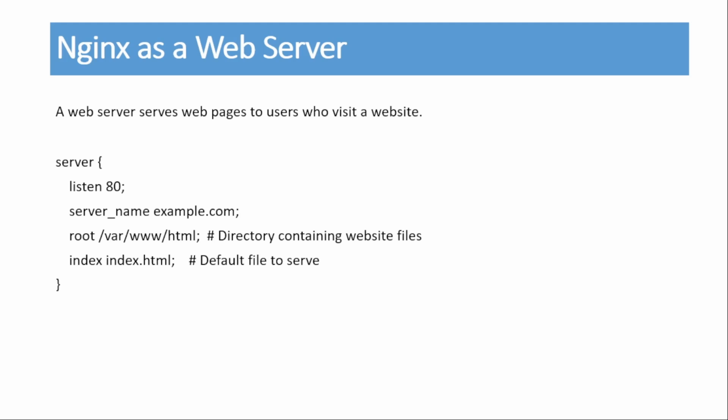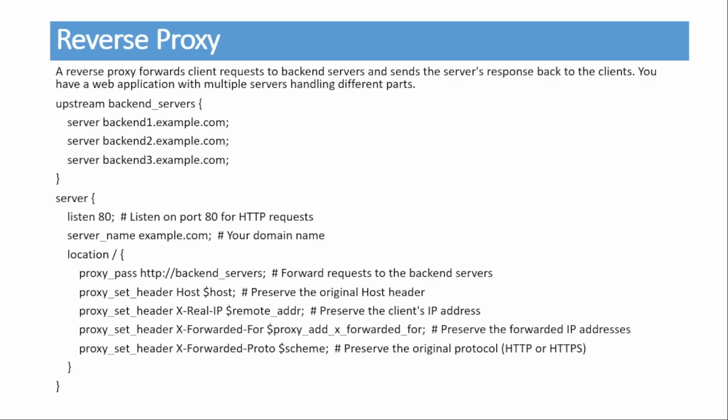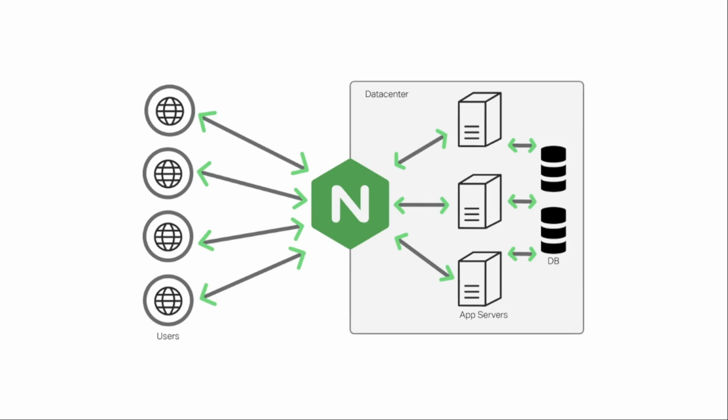Next is reverse proxy. So what is a reverse proxy? A reverse proxy forwards client requests to a backend server and sends the server's response back to the client. Let us go back to our previous example diagram.